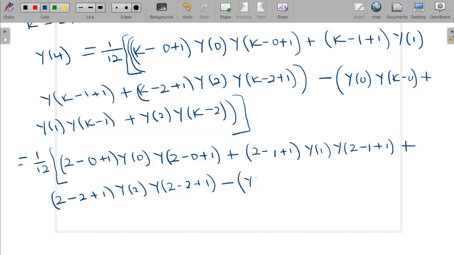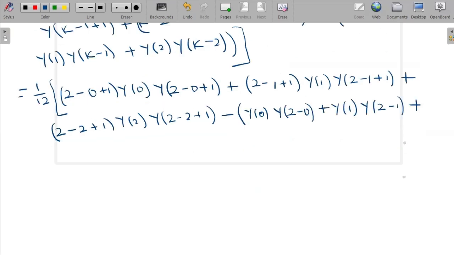So we have y of 0, y of 2 minus 0, plus y of 1, y of 2 minus 1, plus y of 2, y of 2 minus 2.